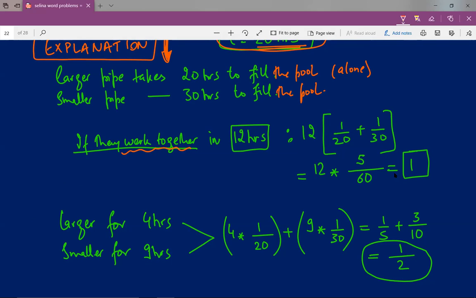Here they are working together for 12 hours. In 1 hour, the larger pipe fills 1/20th, the smaller pipe fills 1/30th. When they work together for 12 hours, as I have explained to you before, the answer should be 1. This 1 is the full tank that has got filled.